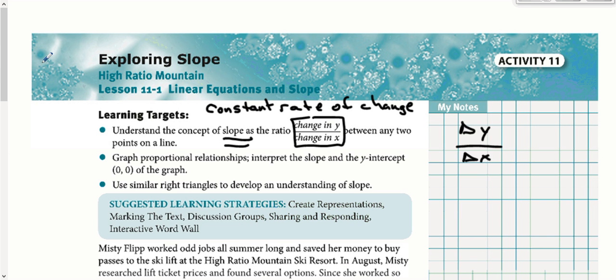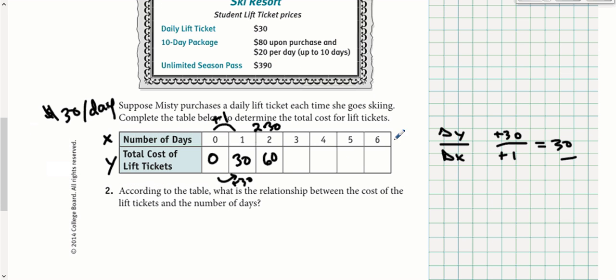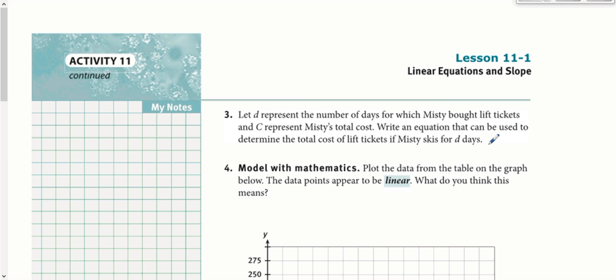If we said 2 days, we did 2 times 30, because if we're going to pay for 2 tickets, we pay $30 twice, and we get 60. So for D number of days, our cost will equal the number of days times 30, and that would be 30D.